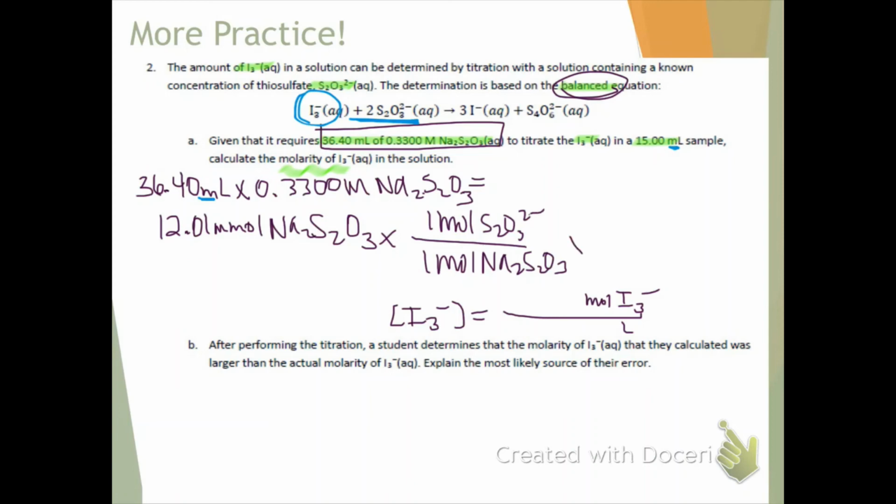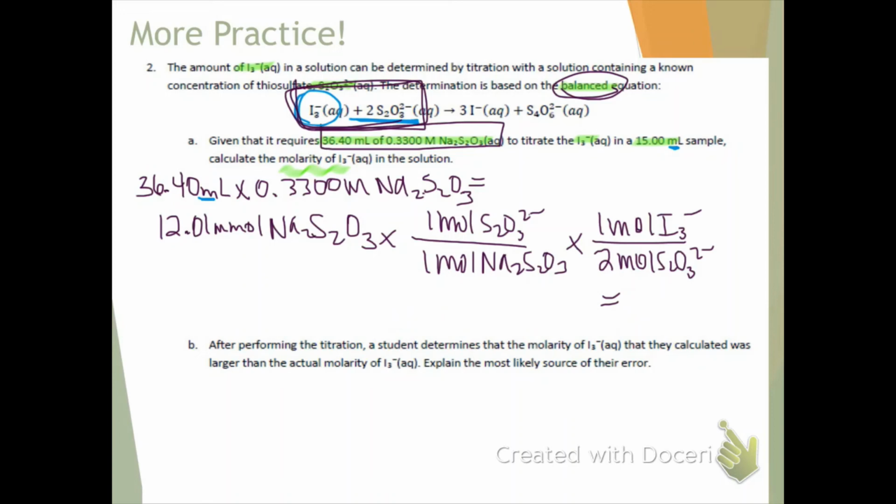Now that we have only our thiosulfate ion, we're ready to use the mole-to-mole ratio that we have in the balanced chemical equation. We know from our balanced chemical equation that every 2 moles or 2 millimoles is going to react with 1 millimole of I3-.